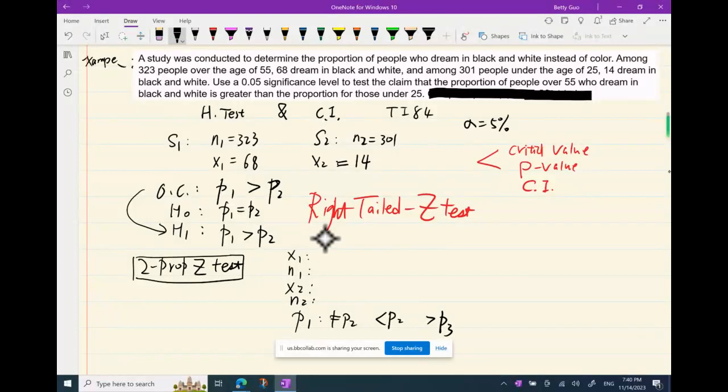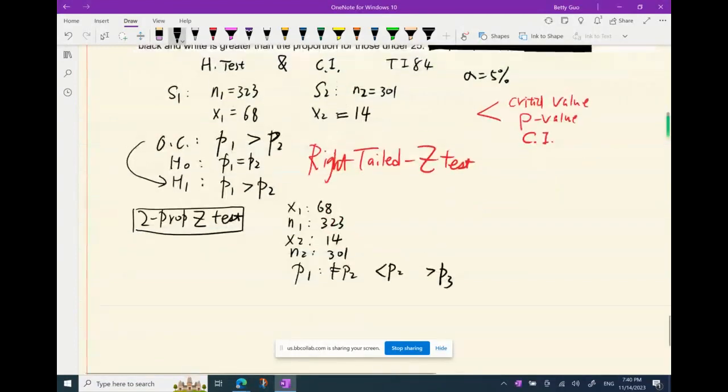We are going to enter x1 equal to 68, n1 equals 323, x2 equals 14, n2 equals 301. This is a right-tailed test, so we are going to highlight bigger than p2.